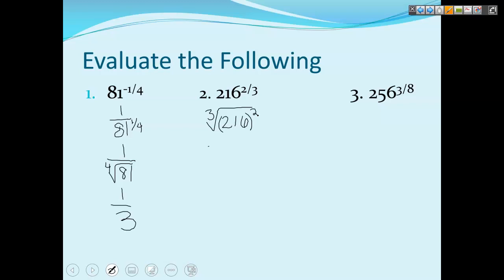So in this case, the cube root of 216 then squared is more logical, because the cube root of 216 is 6. So now if I don't have a calculator, I know the cube root of 216 is 6. 6 squared, I can do in my head, and I get 36.